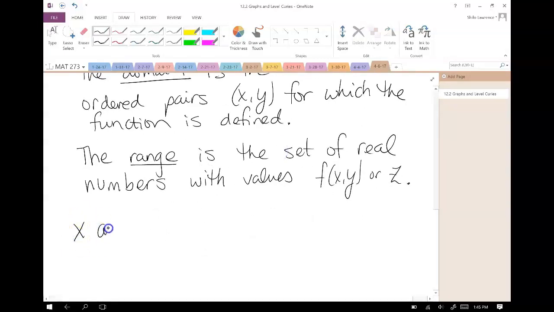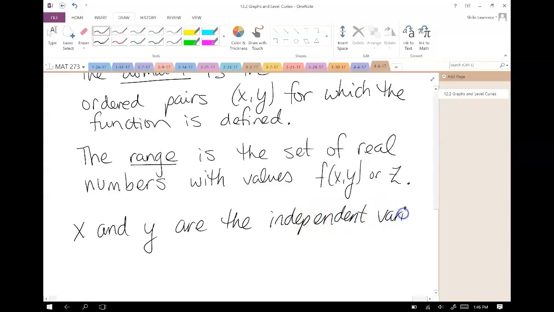So here x and y are the independent variables, and z is the dependent variable.